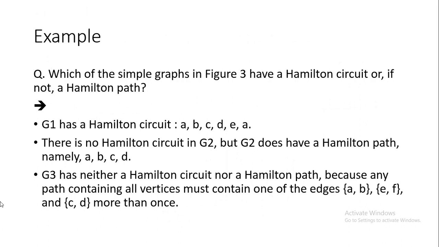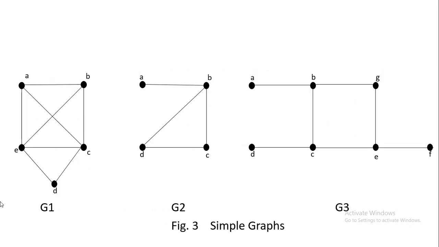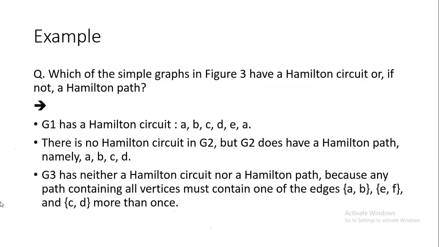Another example: which of the simple graphs in figure 3 have a Hamiltonian circuit, or if not, which graphs have a Hamiltonian path? There are three simple graphs here, G1, G2 and G3. So which of these three graphs have a Hamiltonian circuit or a Hamiltonian path?